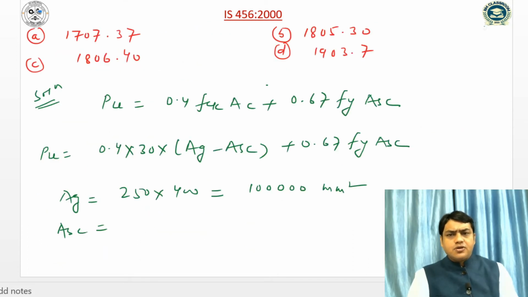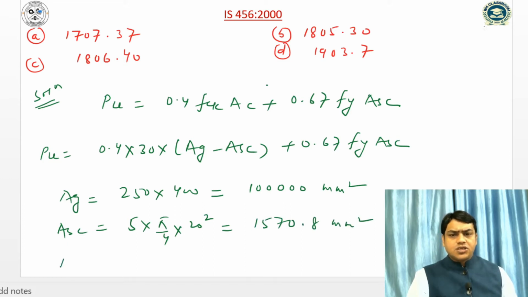So it will be 5 into pi by 4 into 20 whole square, which is 500 pi, 1570.8 mm square.